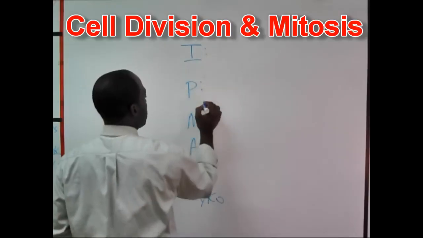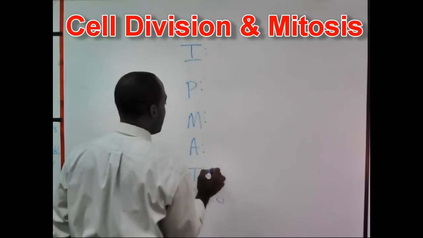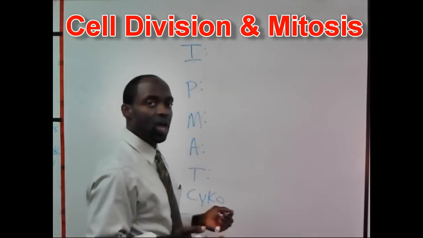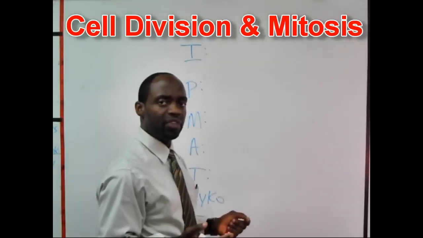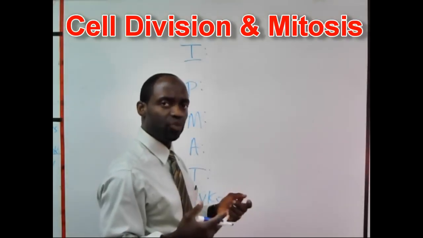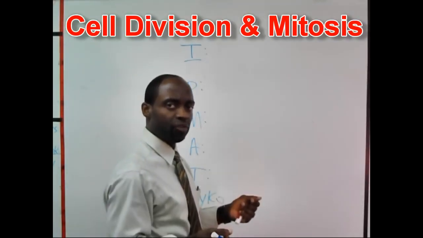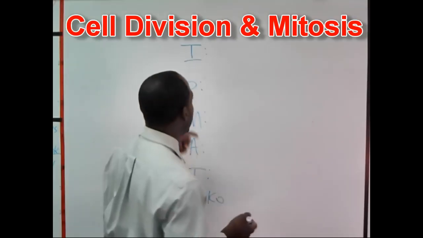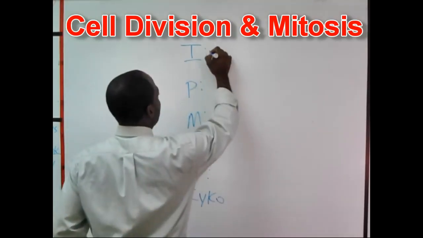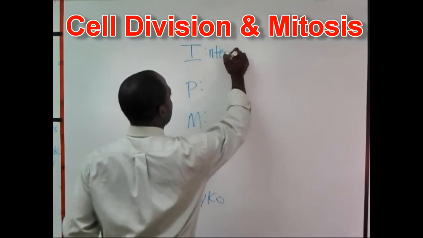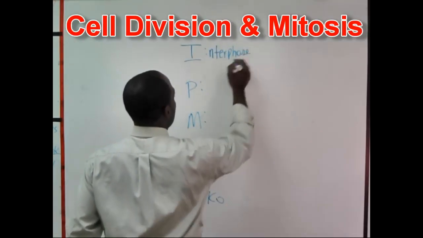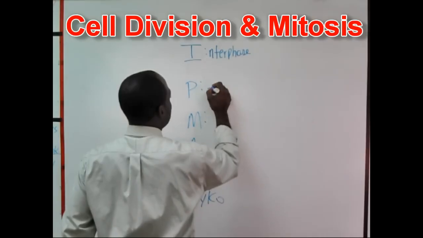Then I'm going to explain what I mean for each of these, because I'm big on mnemonics, and I believe that when you use a bunch of mnemonics, it helps you jog your memory and bring back information really quick. So I means interphase. This means prophase.